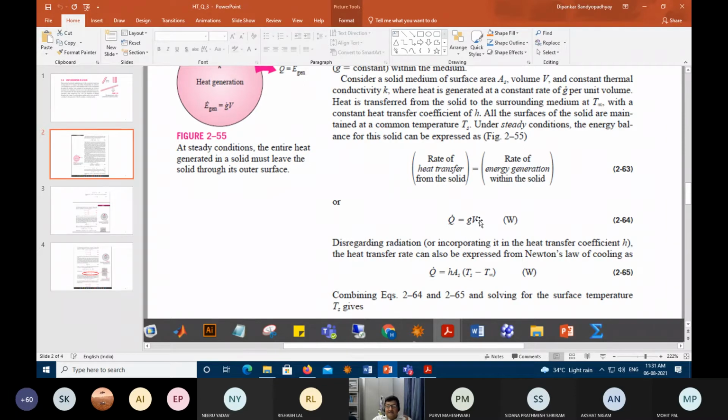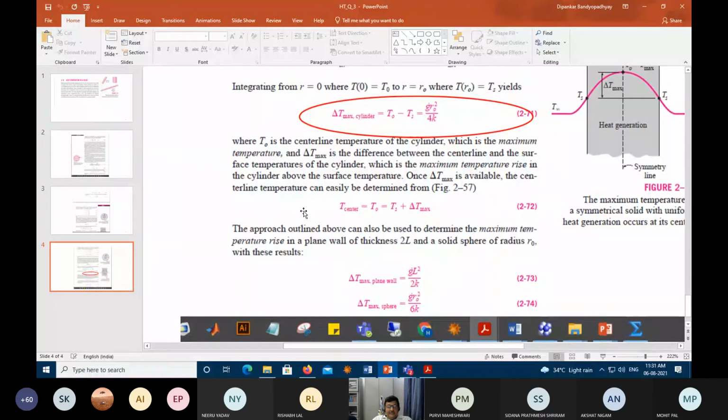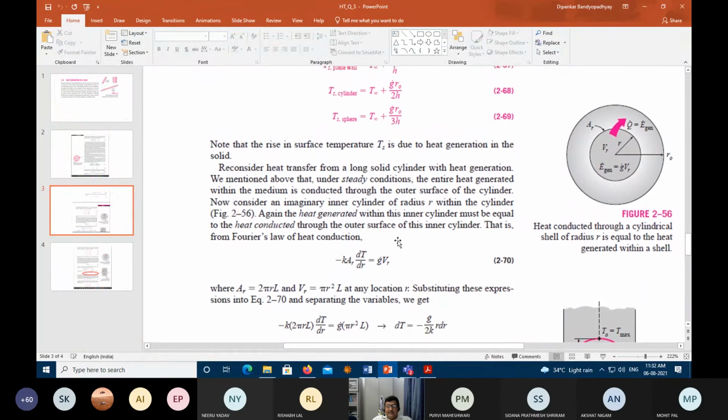Now here, what is the heat transfer mechanism that we are thinking of? In some cases it can be convection, but in our case we are considering this to be conduction. So conduction means K A into delta T by delta R. This we'll study from Fourier's law.